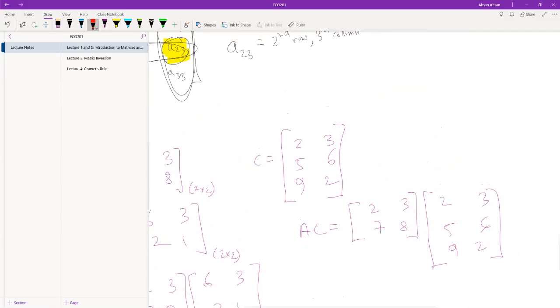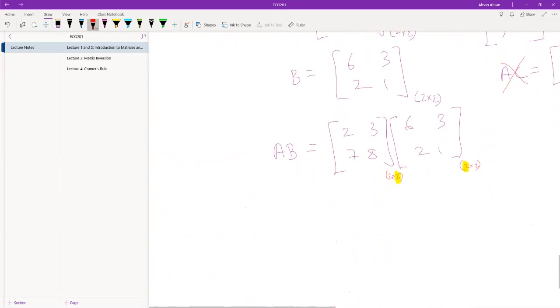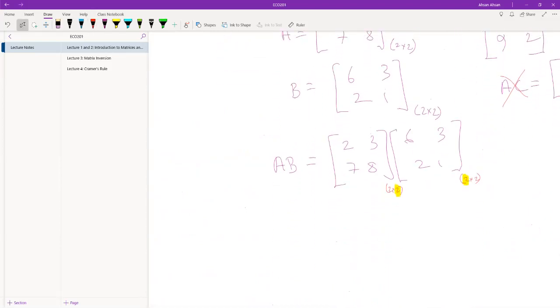So let's write down the dimensions. This is a 2 by 2 matrix. This is a 3 by 2 matrix. So notice straight away that the number of columns in the first matrix and the number of rows in the second matrix are not equal, which means we cannot multiply A and C. However, we can multiply A and B since they conform.